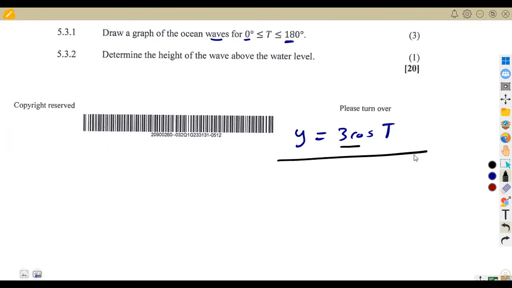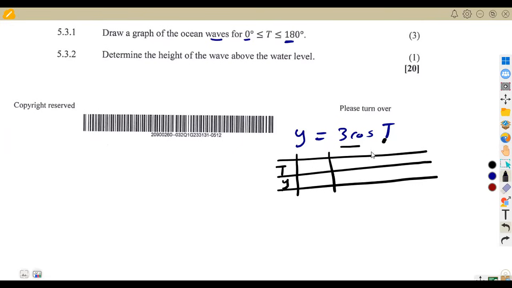Knowing that the graph of cos, we can have it from the values of t to get the value of y. Remember I said the graph of cos is separated by 90 degrees: 0 degrees plus 90 plus 90 gives us 180. On your calculator, you're just substituting, making sure that your calculator is in degrees.